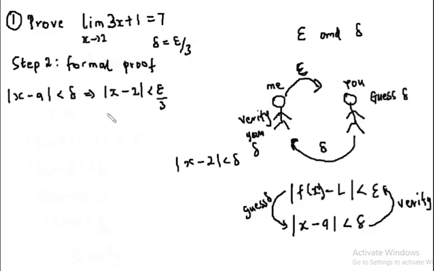From here, I can say this is absolute value of x minus 2, can cross multiply. So this is less than epsilon, and I have 3 here. If I multiply 3 by the absolute value terms here, this is 3x absolute value minus 3 times 2 is 6. It's less than epsilon. The aim here is to transform this one back to this one. So we are looking to make this term here look like the one here.